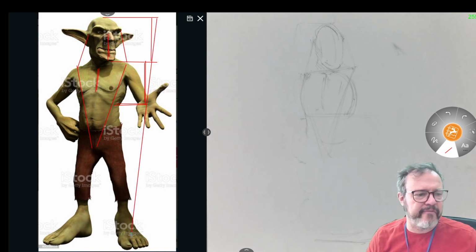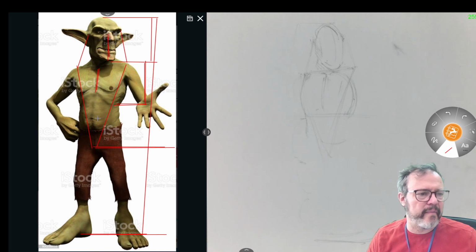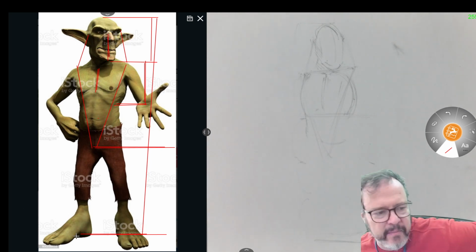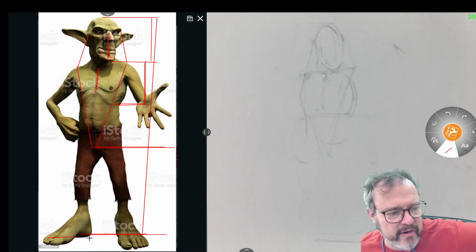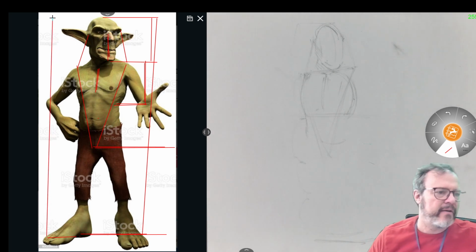It'll be useful to find the midpoint. Remember, when we look for the midpoint, don't think about where the toes are. We're looking from the bottom of the heel to the top of the head.